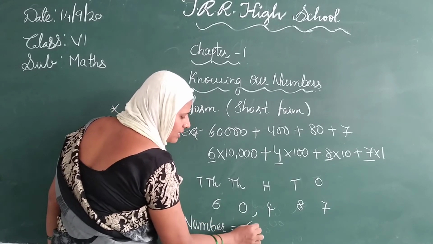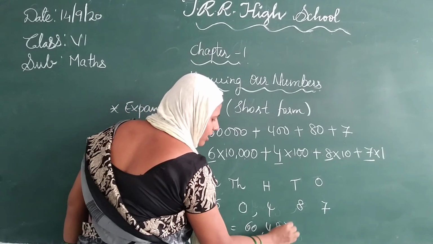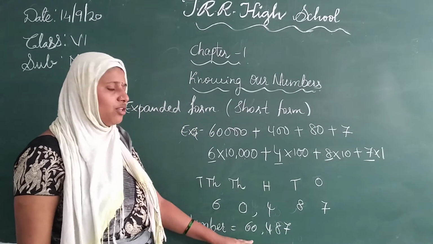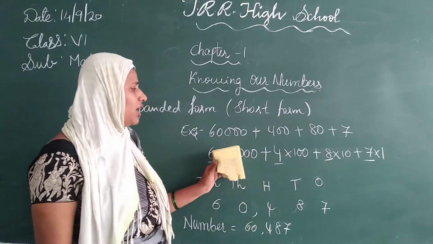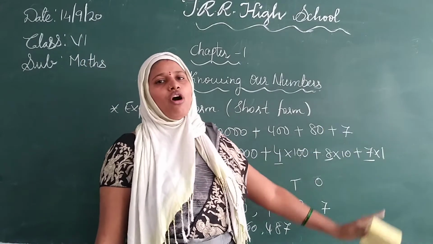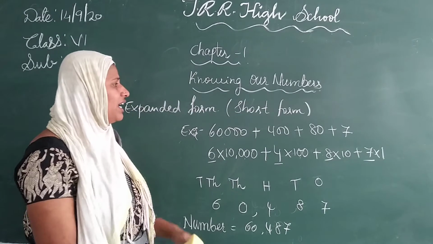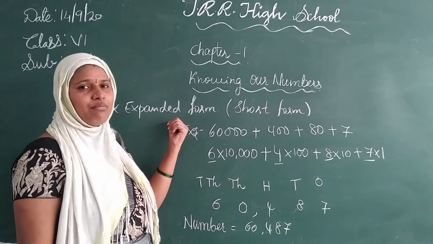My number is 16,487. This is my new number formed by using your expanded form. So this is how we write the short form for an expanded form.